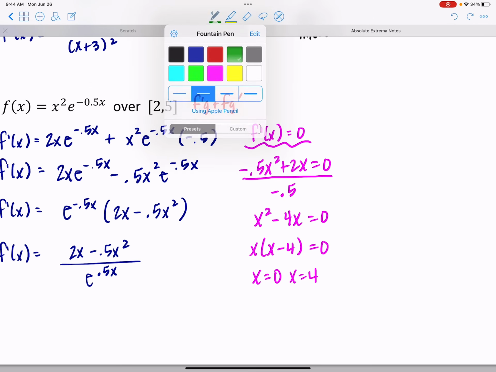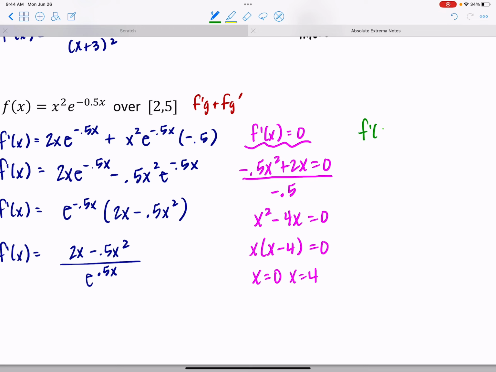And then we also want to see if we can make our derivative undefined. Now I can make my derivative undefined if I can make my denominator equal 0. So if e to the 0.5x can equal 0, I would get another critical number. However, I cannot make this exponential function equal 0.